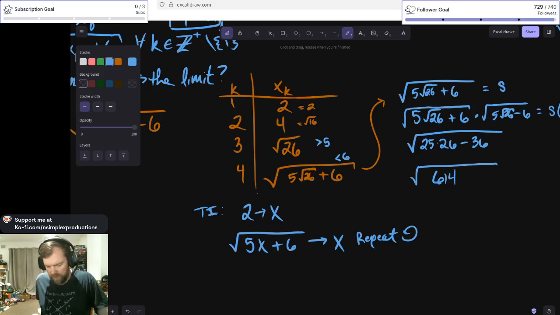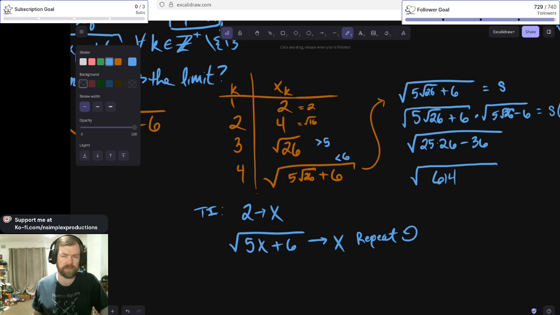Right, so we can make a couple of guesses if we don't have anything particularly, and that is, okay, what is this whole value on the inside of this? Well, that's going to be 5 root 26, again just over 25.